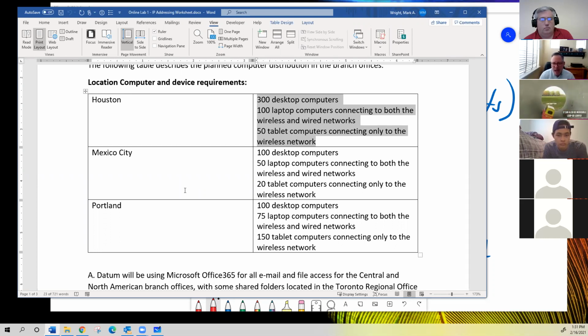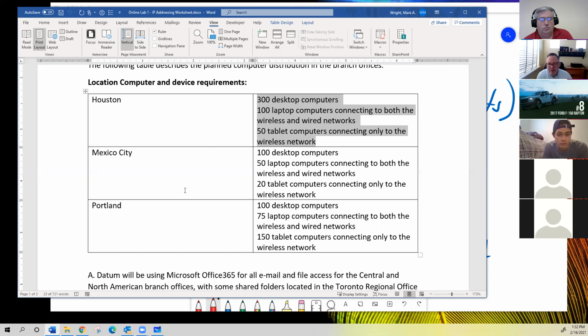Yeah. But what's the worst case scenario for wired? All 100 laptops come into the office and they plug into a wire. They plug into the cable right there on the desk. And so now they're part of the wired network. So they can go either or.